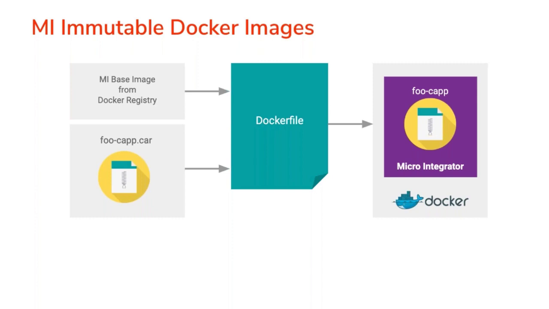And why we call these immutable Docker images, the one thing that we want to emphasize is, earlier we were able to mount an external file system and have the carbon application and all those things there, and run the micro integrator as a runtime. Whenever we make changes to the artifacts in the file system, we have to restart, since we don't have hot deployment.